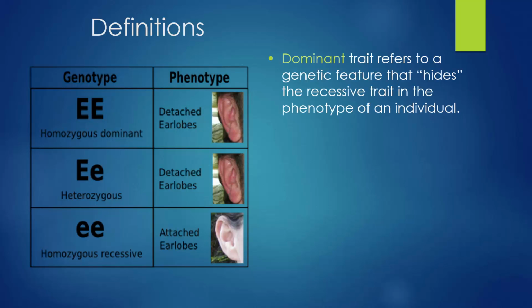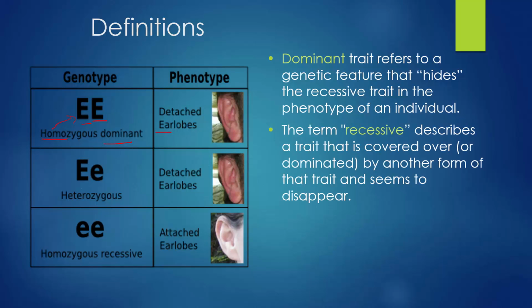So again, to recap, this is for a human trait, your earlobes. We talked about this in class. Dominant trait refers to the genetic feature that hides the recessive trait in the phenotype of the individual. So homozygous, same. Homo means same. So same capital letters, big E, is dominant, which means it shows detached earlobes.